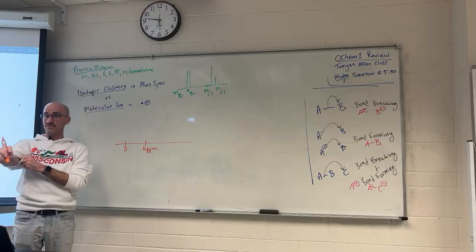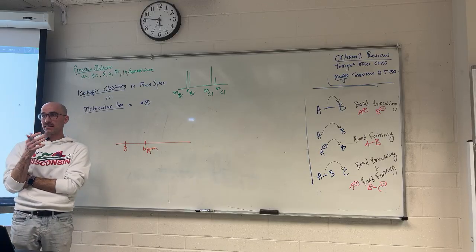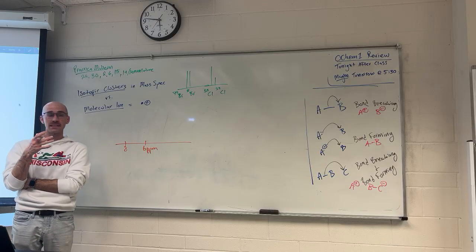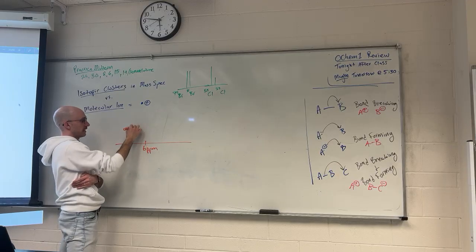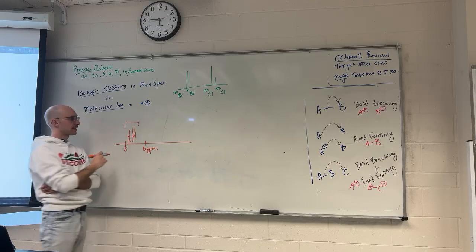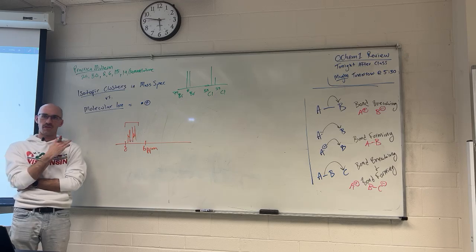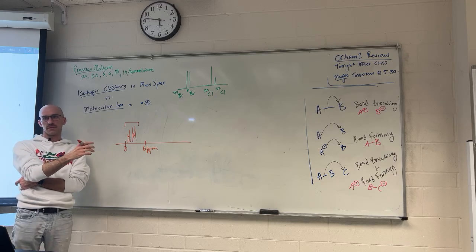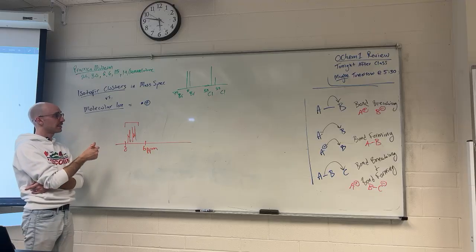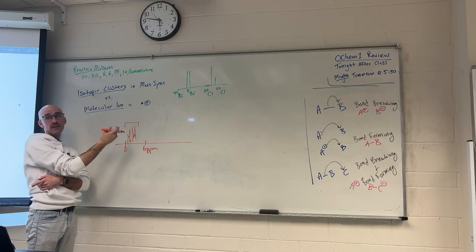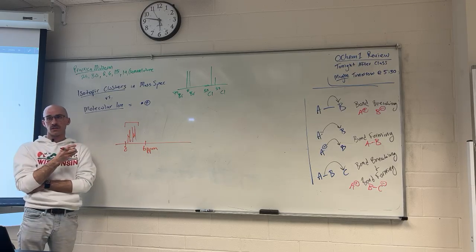It can get a little messy. The splitting patterns are a little messy. So a lot of times there are multiple signals in here, and I will give you the integration of all of them together rather than individually. So you might see 3H, 4H, 5H.